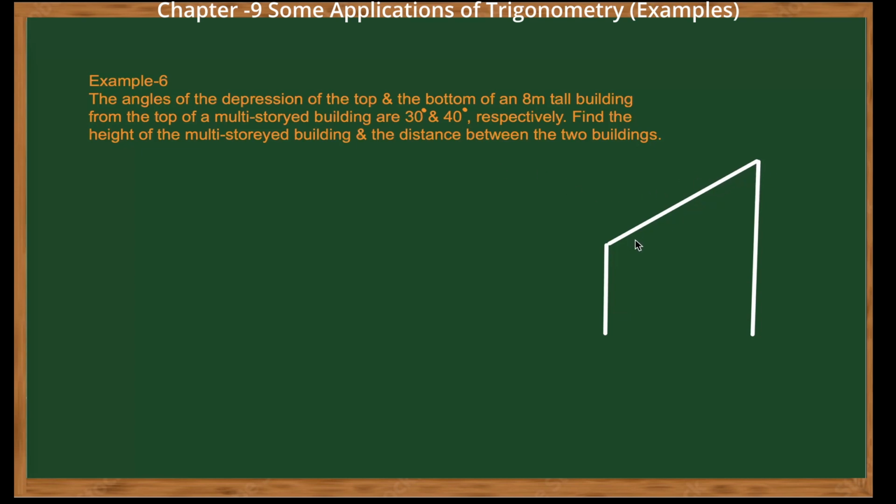So from this top, let's connect it here. Here it says from the top of this it makes to the top of that 8-meter building 30-degree. Then from this top to the bottom it makes 45-degree.